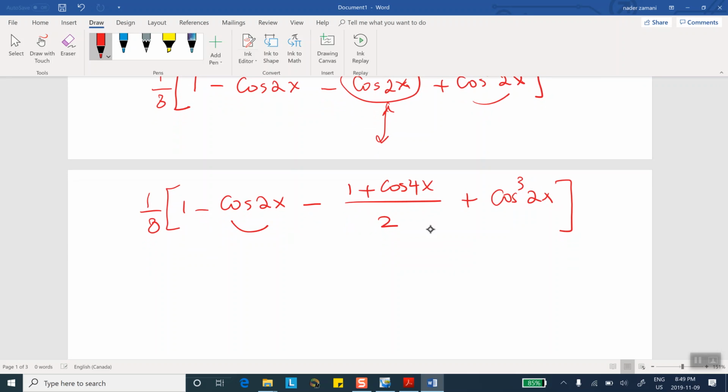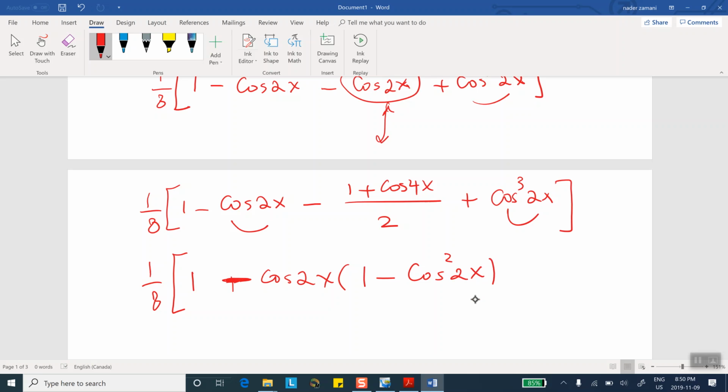Now, these two, I can factor cosine of 2x from it, and I'm going to get 1 minus cosine squared 2x. Okay? Are we good? Okay, and then this other one stays. Minus 1 plus cosine of 4x divided by 2.